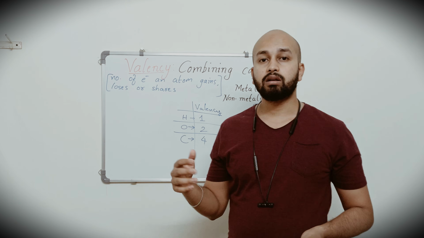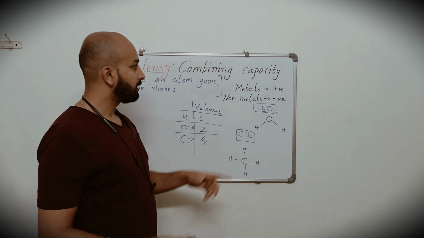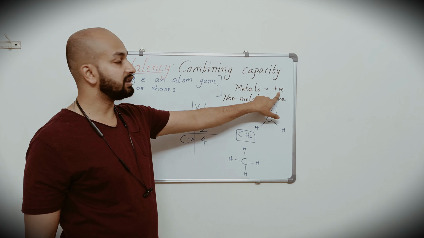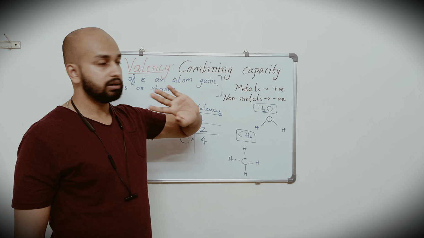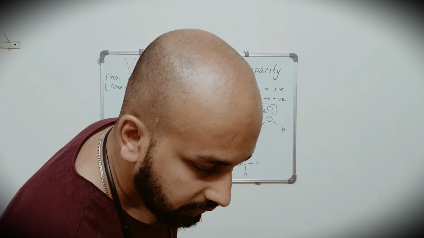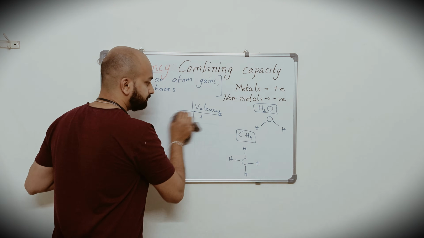Here I have mentioned that metals generally have positive valency, and non-metals have negative valency. Why is that? Here I'll take an example of a metal like sodium.